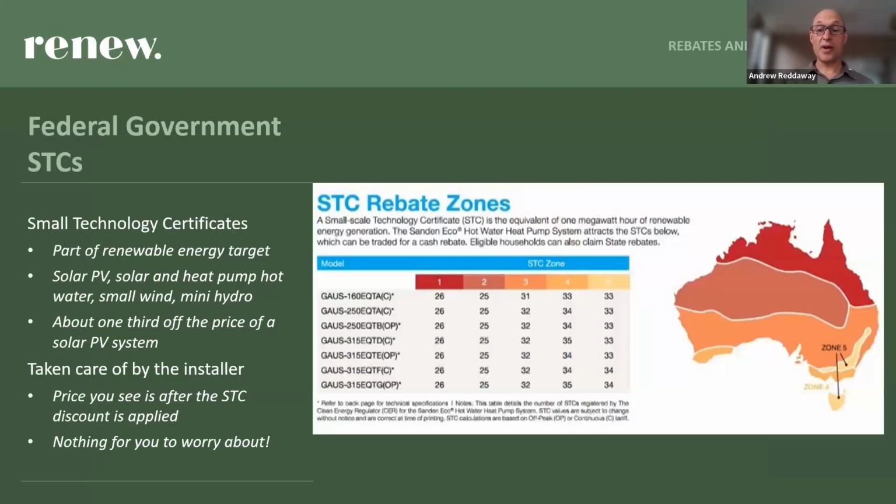Okay, rebates. So the main rebate is at a federal level. It's called an STC, and the good thing about this one is you don't really need to worry about it, because basically any quote that you get for a solar system will already have this factored in because everyone's eligible. Well, unless your solar installer does something really stupid, but they are not going to make that mistake because they'll lose a lot of money.